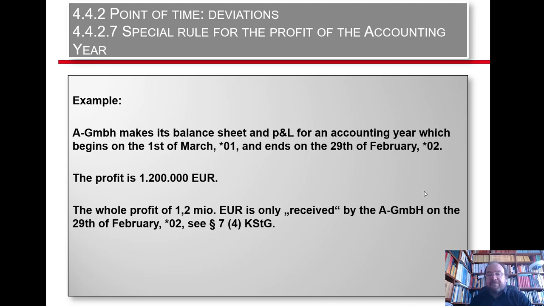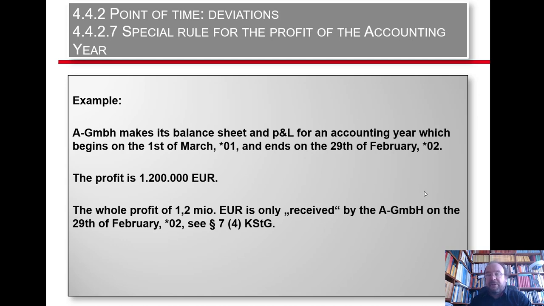That, by the way, is a reason why an accounting year which deviates from the calendar year can in Germany only be chosen when you open your business, or later when you have first accounted for the calendar year and want to deviate from that.